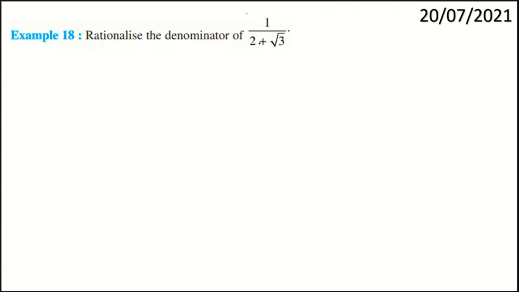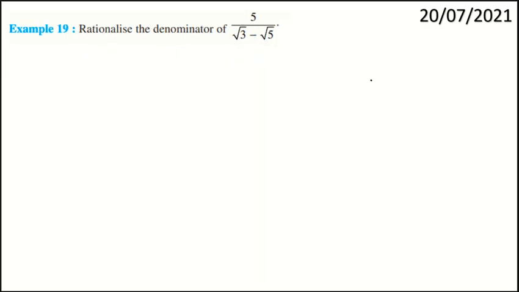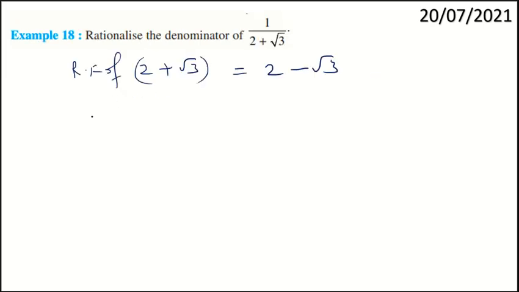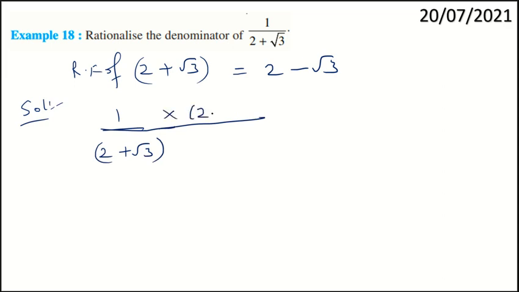Let's go for solving example number 18. Rationalize the denominator 1 by 2 plus root 3. First we will find the rationalizing factor of 2 plus root 3, which is 2 minus root 3. Then the solution: 1 by 2 plus root 3, I am multiplying the numerator by 2 minus root 3 and the denominator also by 2 minus root 3.